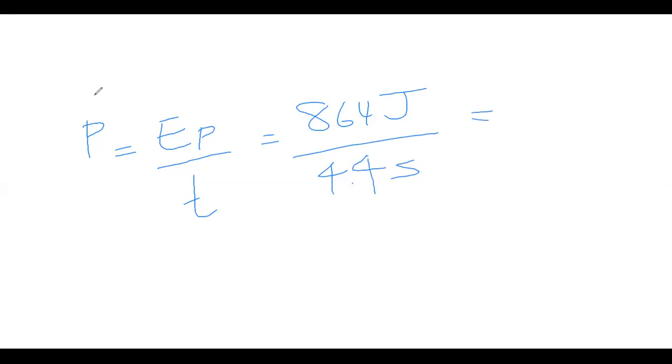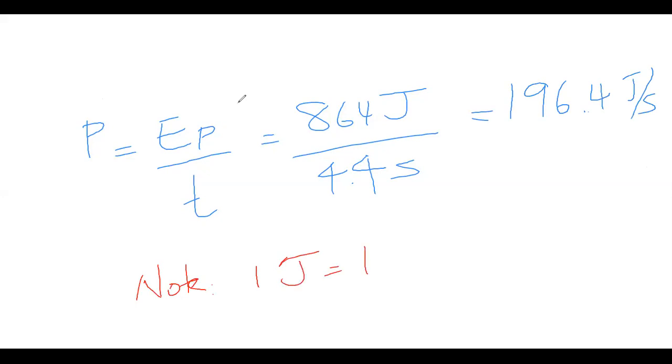So 864 divided by 4.4 seconds, which is 196.4. Since this is power, your unit would be joules per second, or note that 1 joule per second is equivalent to 1 watt.